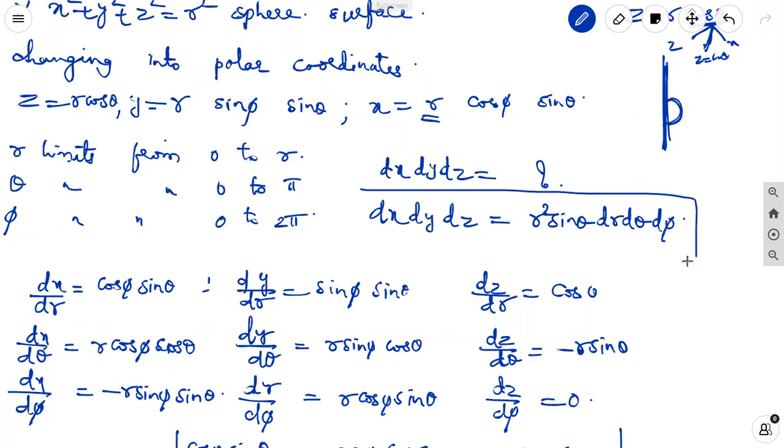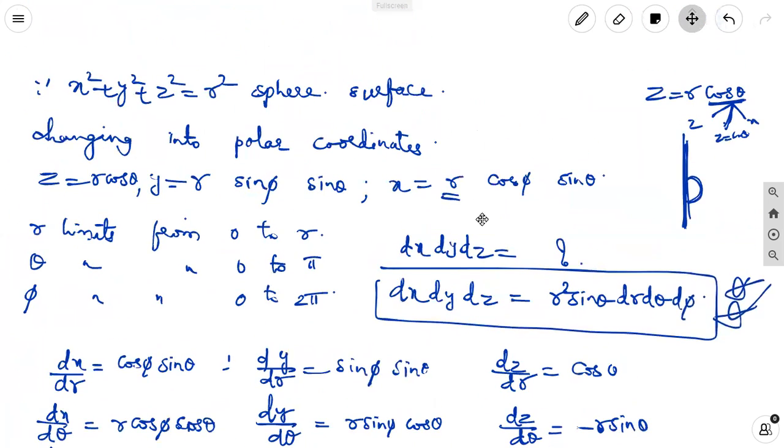Is it clear? Yes, ma'am. But the simplification is not needed. You should take the polar coordinates z equal to r cos theta, y equal to r sine phi sine theta, x equal to r cos phi sine theta, r limits 0 to r, theta limits 0 to pi, phi limits 0 to 2 pi. dx dy dz is r square sine theta dr d theta d phi.